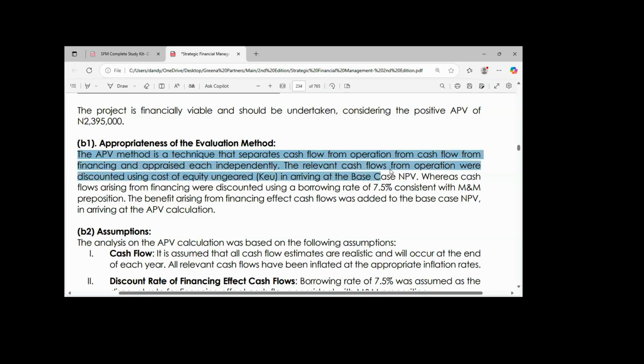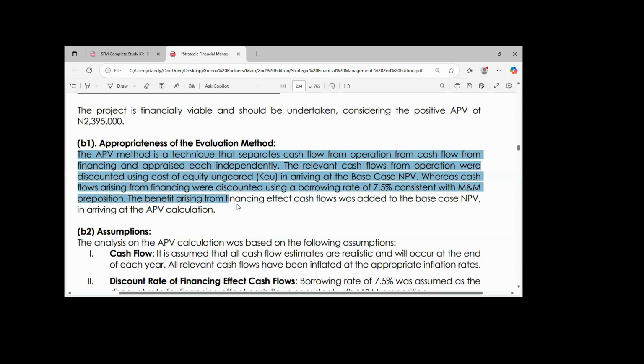The relevant cash flow from operation were discounted using the cost of equity ungeared in arriving at the base case NPV, whereas the cash flow arising from financing effects were discounted using a borrowing rate of 7.5%, which is consistent with the M&M proposition.